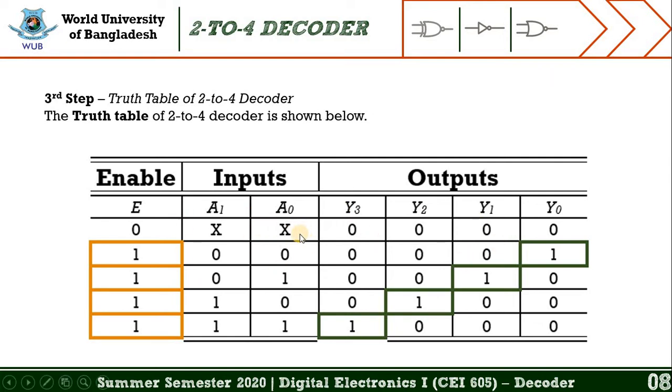When enable is 0 and the inputs are don't care, we get the output section totally 0, which means since this decoder has 4 outputs, there is no value for these outputs for the condition of enable 0.